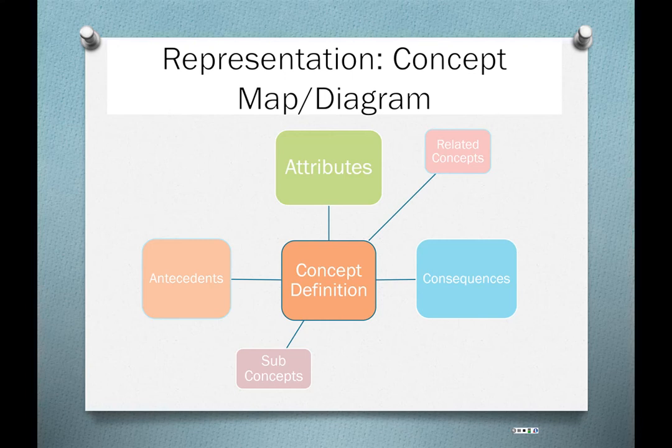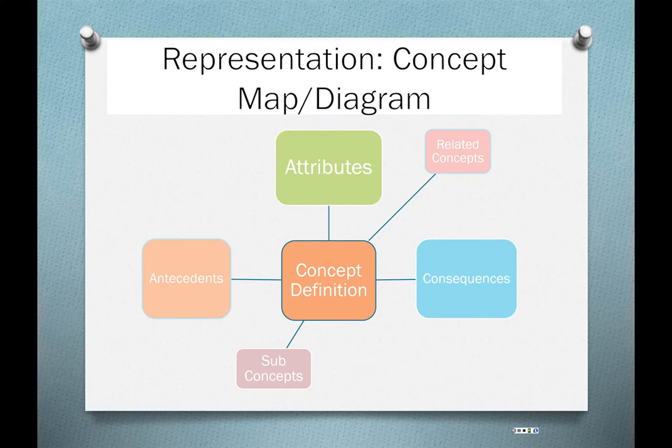Then to the left on this diagram are the antecedents, those things that precede or occur or are necessary prior to the concept existing. And then on the right are the consequences. And then in this diagram you will also see, but aren't required for your work, on the upper right are related concepts.